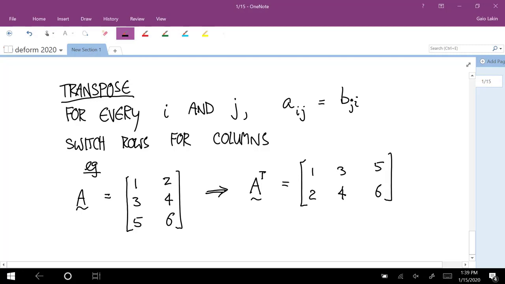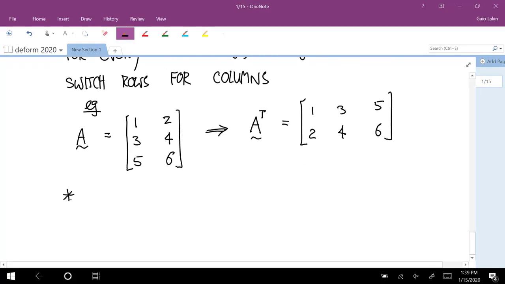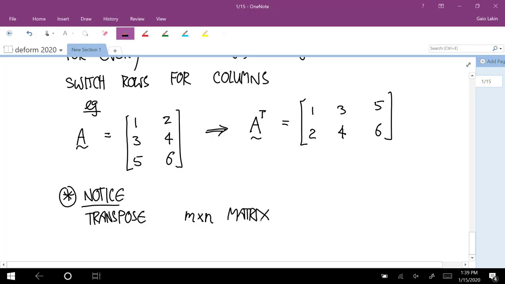So notice you're always switching the dimensions too. You're changing the shape of the matrix. So notice transpose takes an M by N matrix and changes it to an N by M matrix.